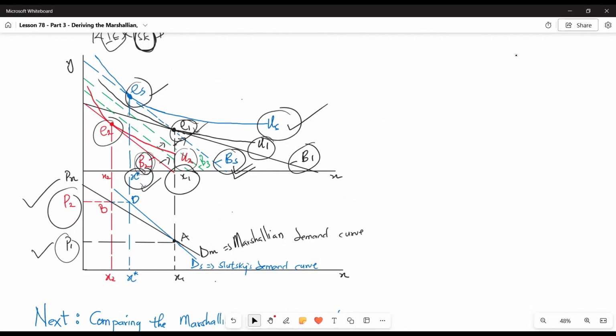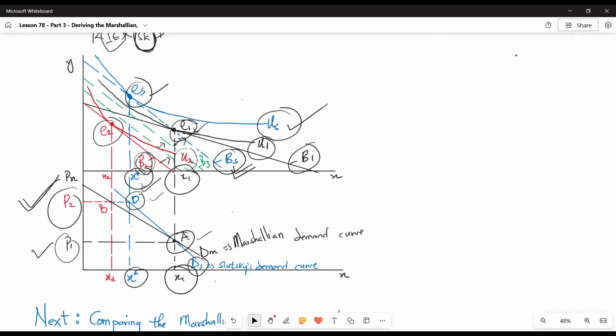At price P1, the demand was X1 at point A. And at price P2, demand reduced to X star using the Slutsky method. So this, if we trace it up, gives us point D. If we connect point A and point D, we obtain the Slutsky demand curve.